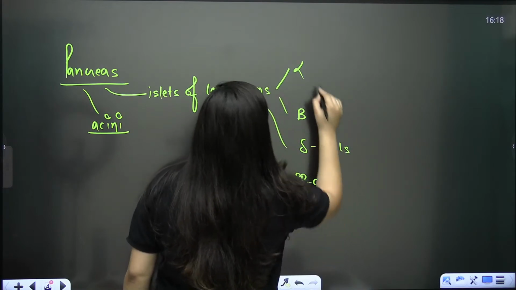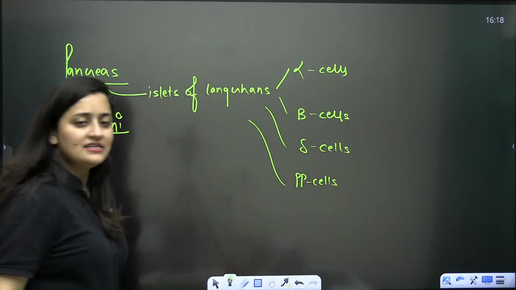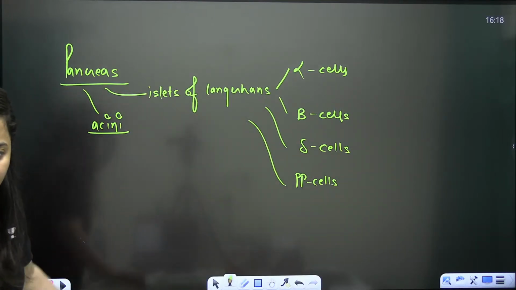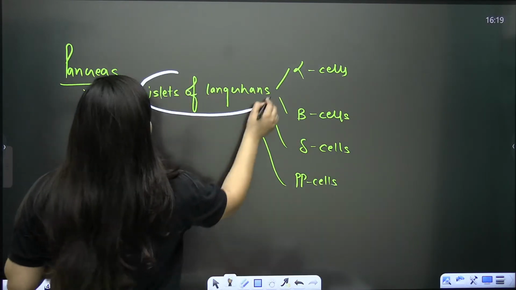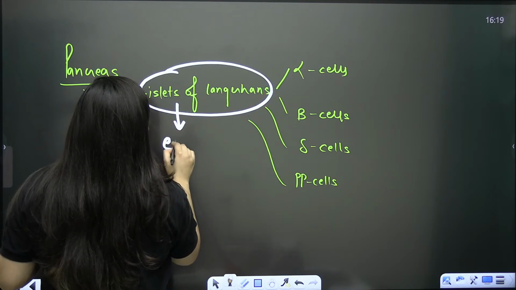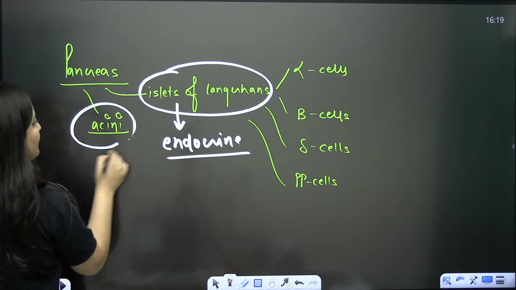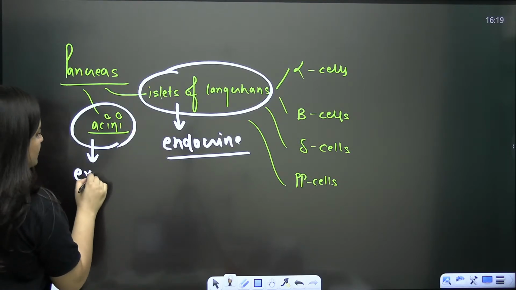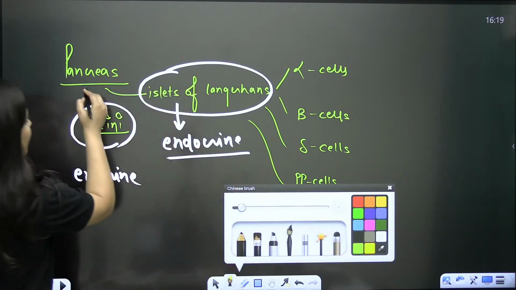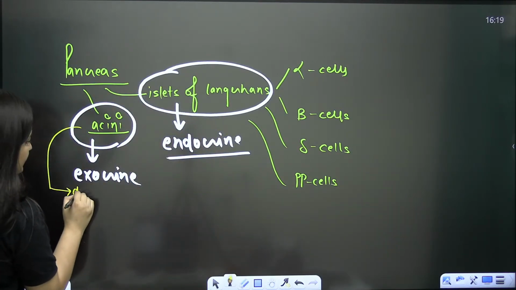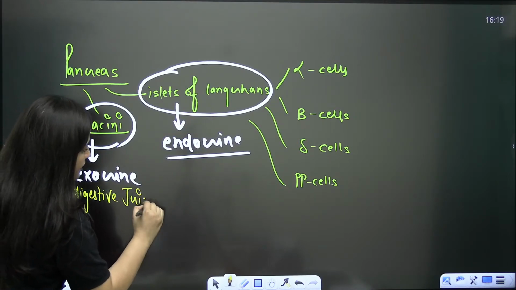This part makes the endocrine portion of the pancreas, and the other part is basically the exocrine part of the pancreas. The exocrine part will release digestive juices.